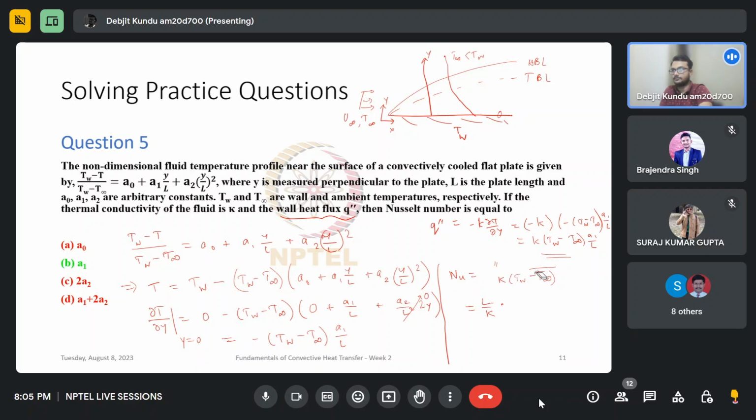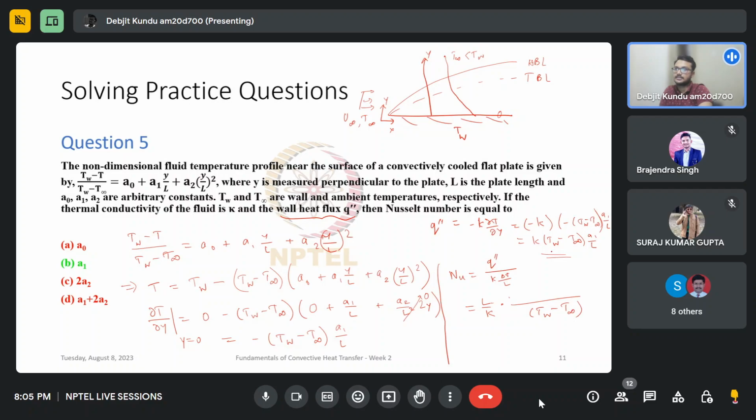Let me write it down properly. So this is the convective heat transfer divided by the conductive heat transfer, which is K into delta T by L. So L by K comes over here. Delta T is nothing but TW minus T infinity.